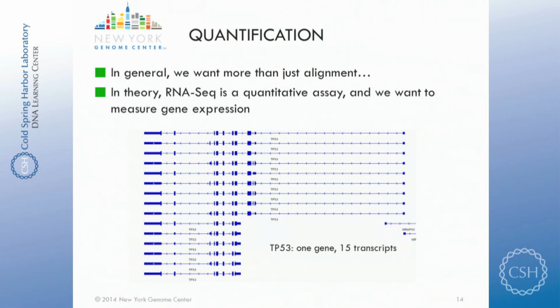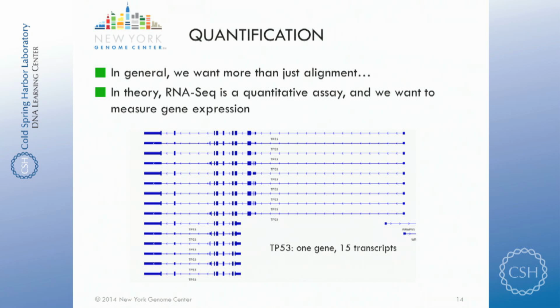Now, when we say gene expression, we have to see what exactly it means, and that's what we're going to discuss a little bit. Here is an example of P53 in the human genome. You have 1 gene, and you have 15 annotated transcripts. So when we talk about gene expression, do we talk about the expression of the most common isoform, or about the different transcripts?